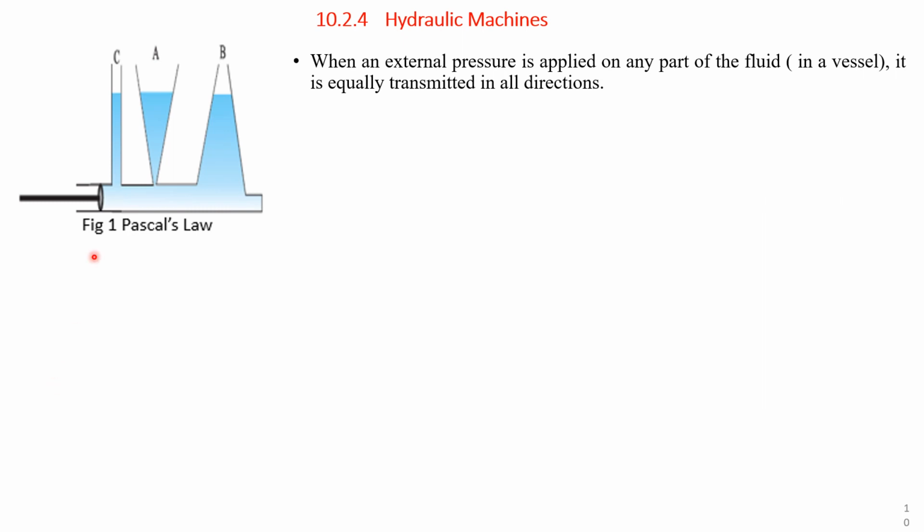In the figure, a plunger pushes the fluid and creates a pressure, and this pressure created by the plunger or the piston is transmitted equally to all the three bodies C, A, B of different shapes.